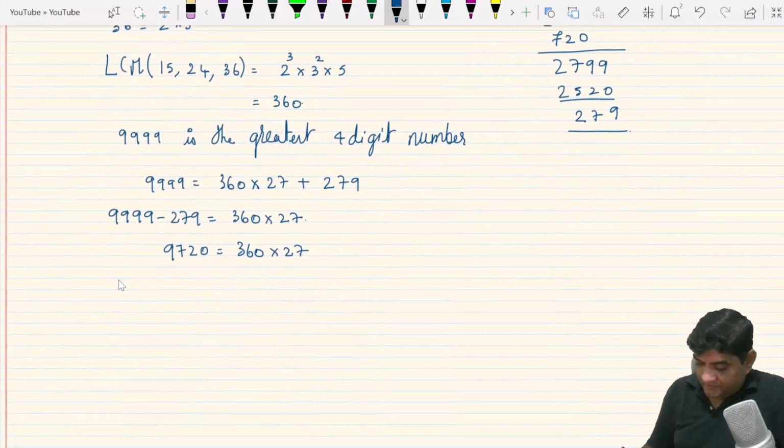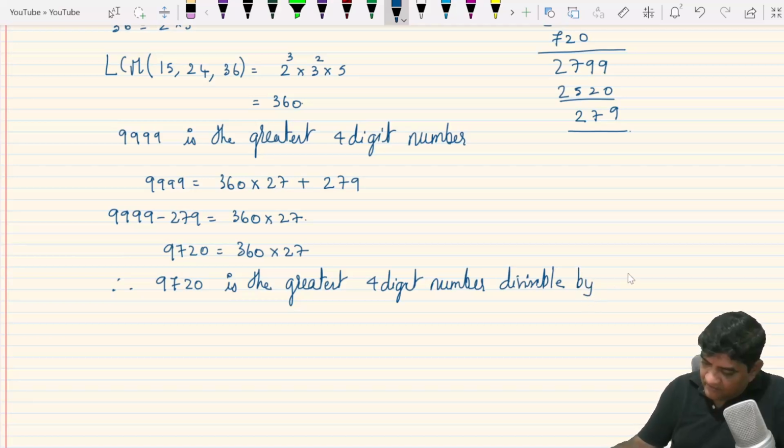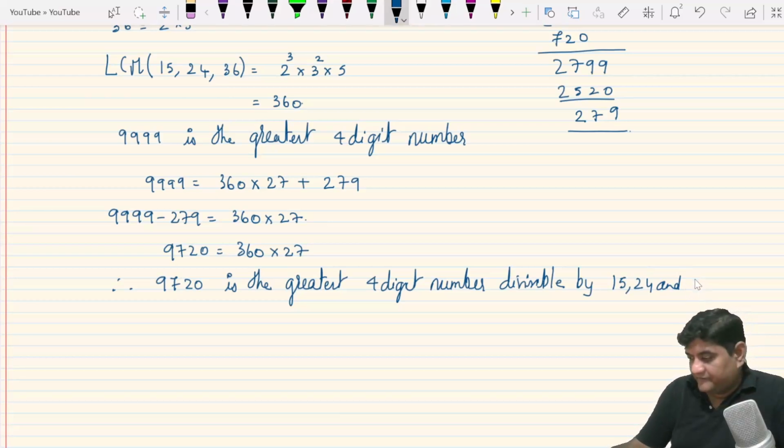Therefore, 9,720 is the greatest 4-digit number divisible by 15, 24 and 36. All right, wonderful. Let's move on.